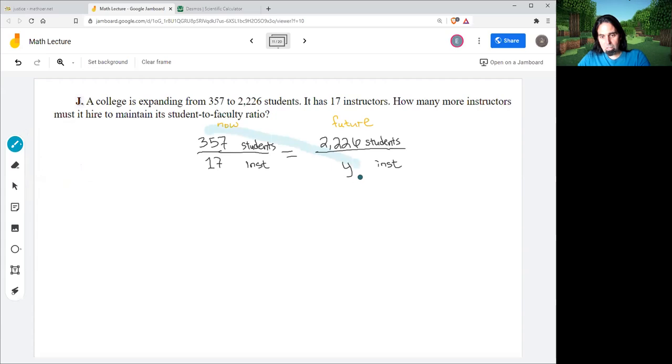Cross multiply. Oops, I'm supposed to do that one in blue.